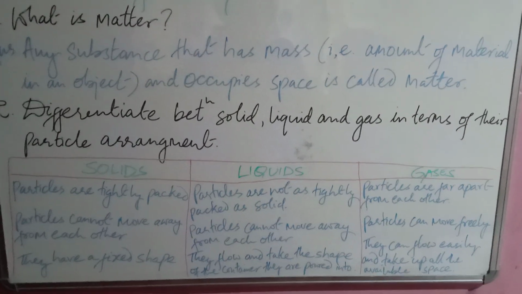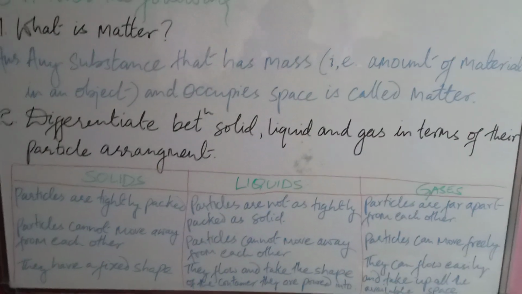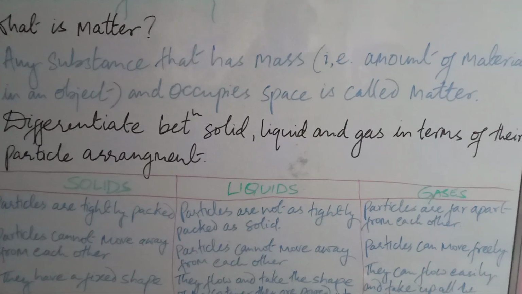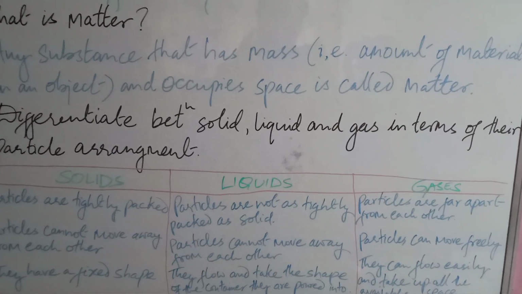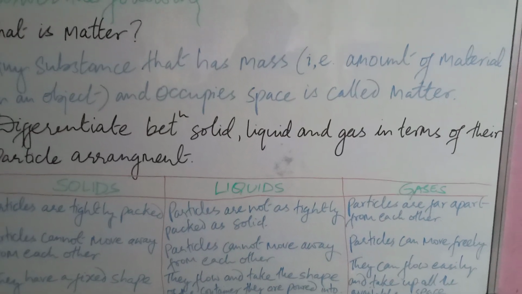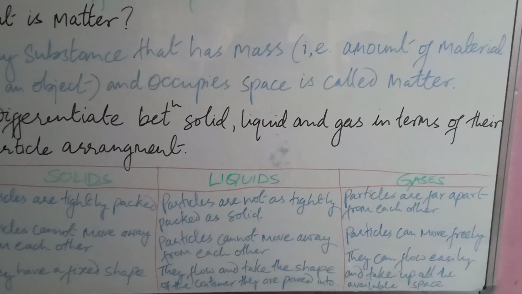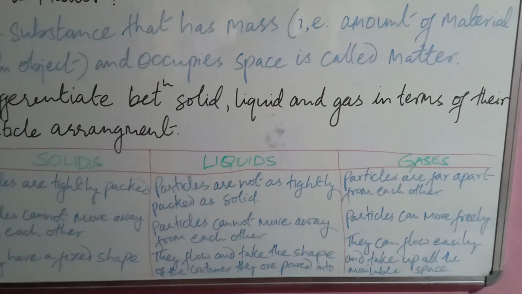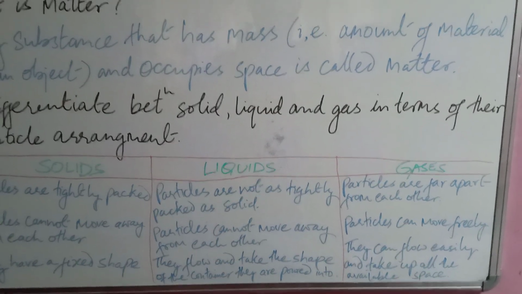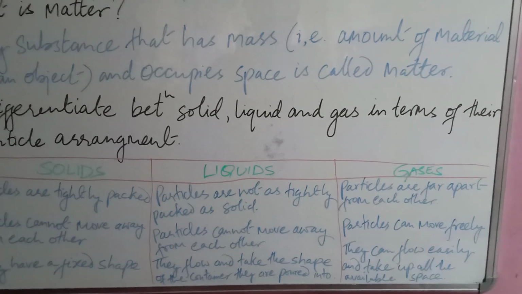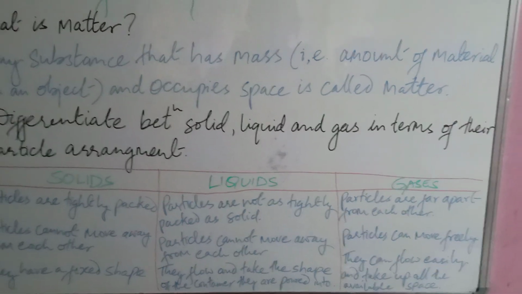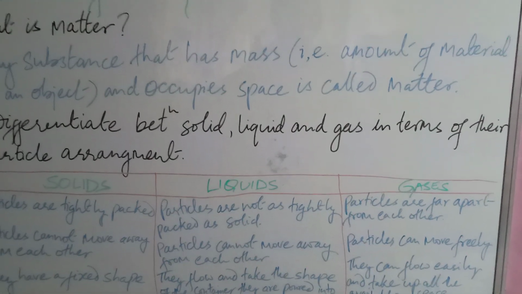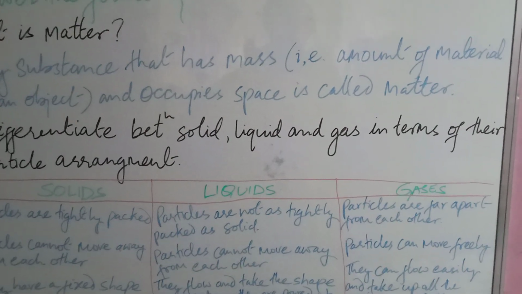For liquids you have to write particles are not as tightly packed as solid, particles cannot move away from each other, and they flow and take the shape of the container they are poured into.